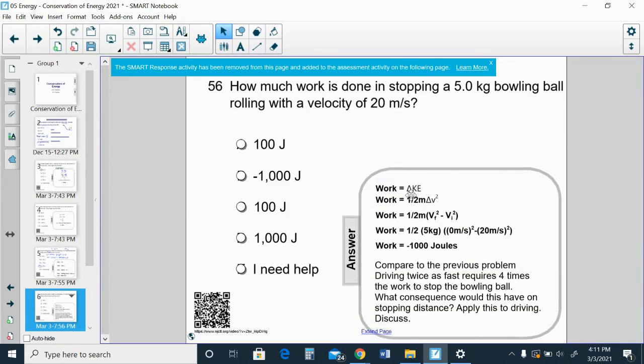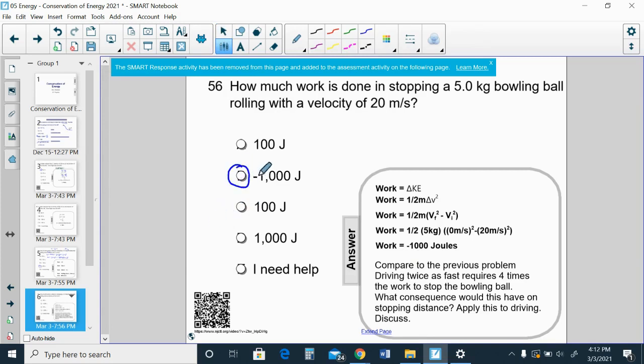You could do it the way I showed on the previous slide. You could do it this way, that's written in the box. Either way works. And you end up with about 1,000 joules. In this case, it's specifying the direction in the answer choices. So more accurately, it would be negative 1,000 joules. In the previous question, it didn't get that specific, but for this one we are.